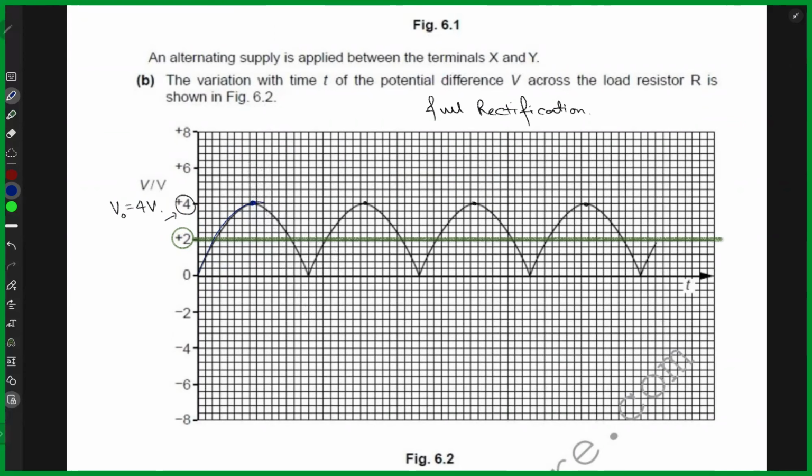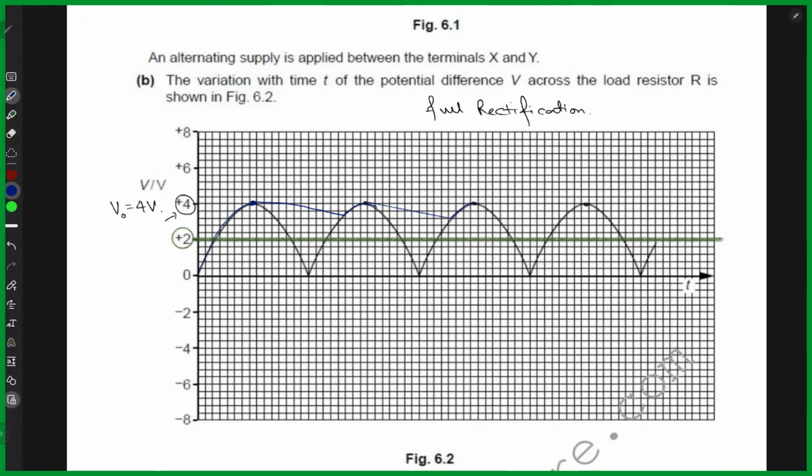In fact, it drops by a slight amount, and again it starts to go back up, and then again it drops by a slight amount. Something like this, and then it again goes back up, and this pattern continues.